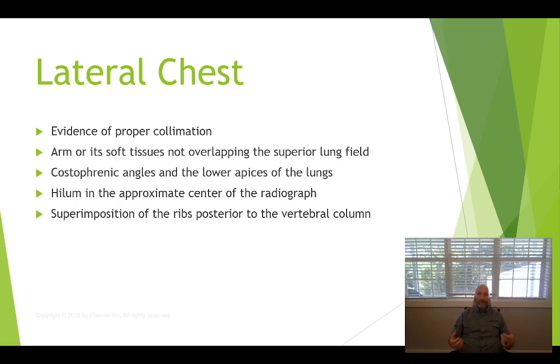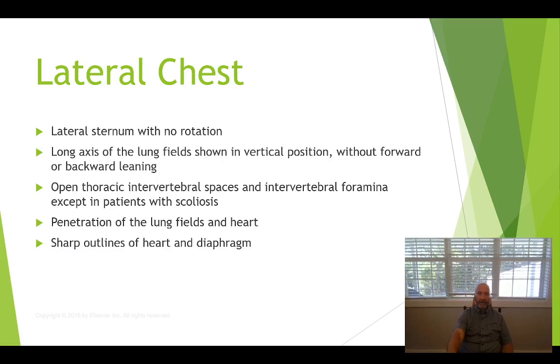So in the lungs, what you have in the hilum is where your bronchial tree breaks and goes into the left and right mainstem bronchus. And you've also got the pulmonary arteries and veins coming into and out of the lungs. So you've got a lot going on in the hilum, but that's what you basically want in the middle of your image. And then you want the superimposition of the posterior ribs, and we'll take a look at that here in a minute.